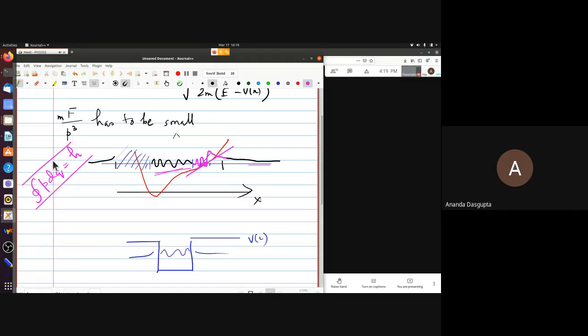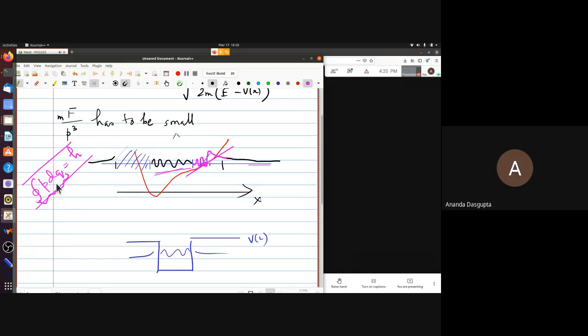Does anybody remember what this is? If you have a periodic orbit and you integrate momentum times dx here, what is the quantity on the left? This quantity is a classically important quantity.